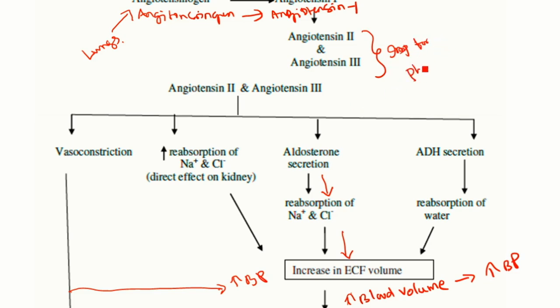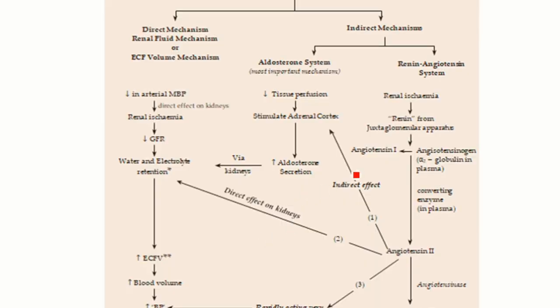Same thing for the long-term regulatory mechanism: angiotensin 1 and angiotensin 2 are formed from renin, and it is the renin-angiotensin system, explained under two headings, direct mechanism and indirect mechanism by the aldosterone system. The final action is the same: angiotensin 2 and angiotensin 3 produce the same effects, bringing the BP back to normal.